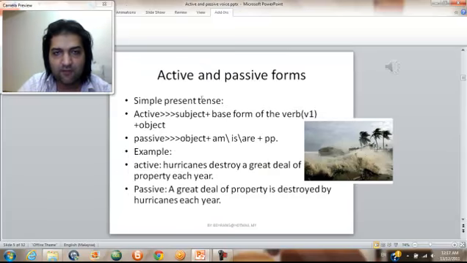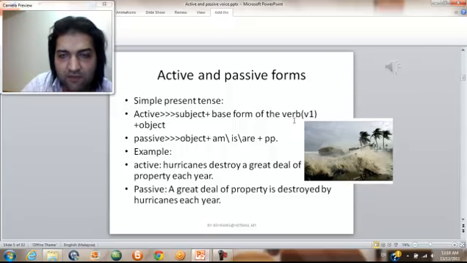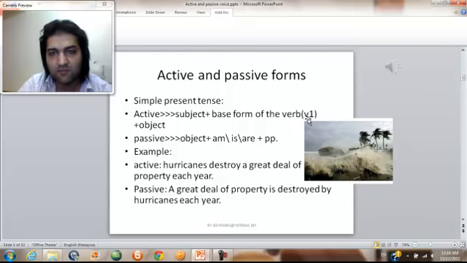Now, let's look at the active and passive forms. First of all, we have simple present tense. The active structure for simple present tense is subject plus the base form of the verb, shown as V1, plus object.